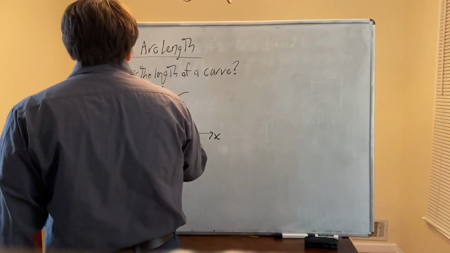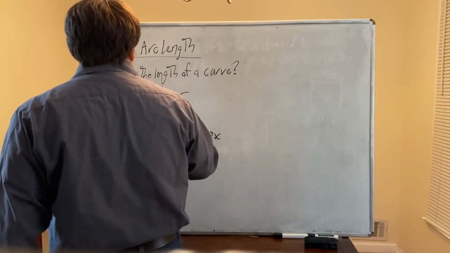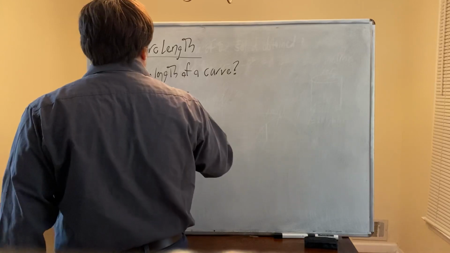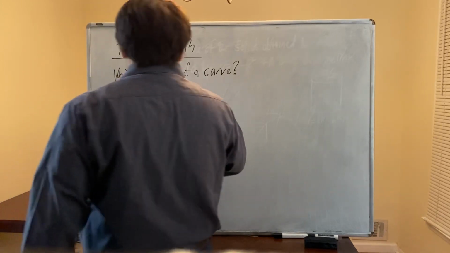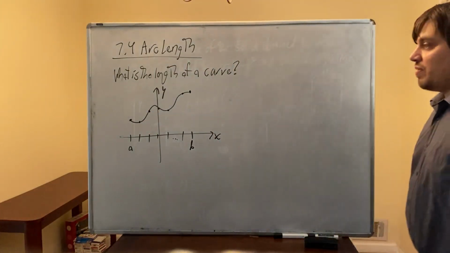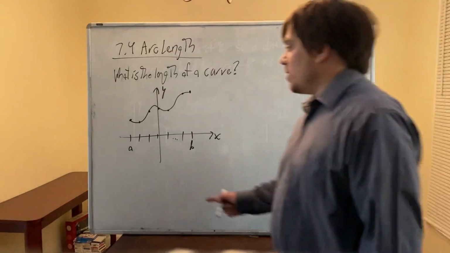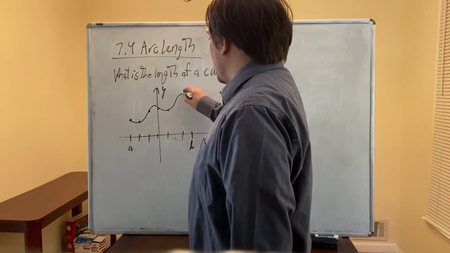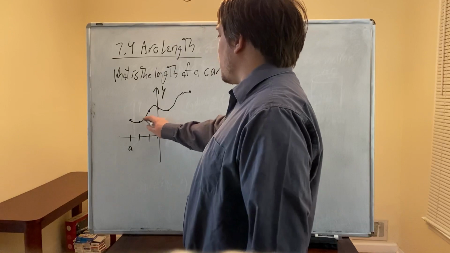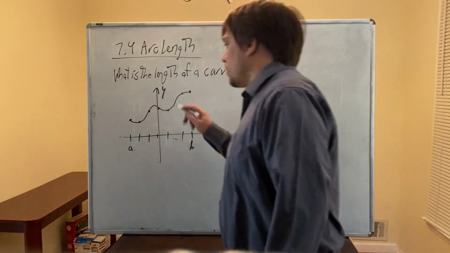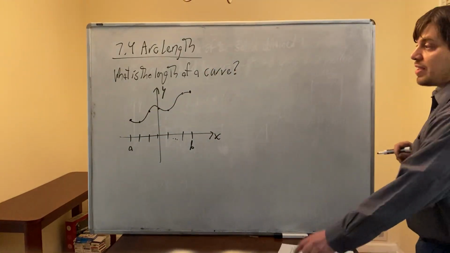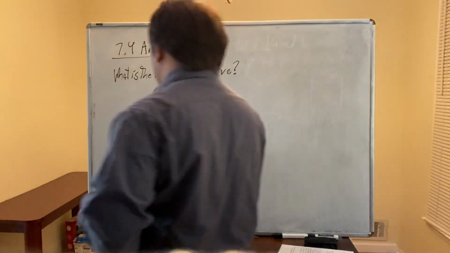Then on those n subintervals, I'm going to take the points on the graph, on the curve, that are right above the endpoints of each subinterval. Okay? So what I get is a sequence of points on the curve. Now let's connect each next point with a line segment.